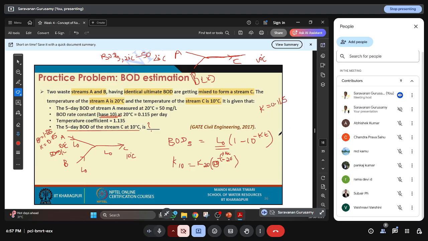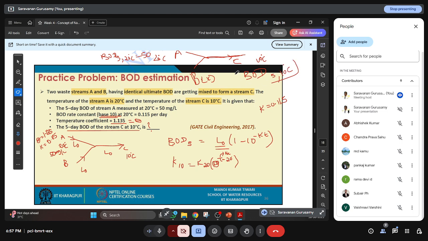So you have to use the formula 10 power minus kt, not e power minus kt here. Please understand this. K is calculated with the 10 power, so we have to use the 10 power formula in the BOD formula also. And the temperature coefficient theta is given. Then what they are asking is the 5-day BOD of river C. So BOD 5, comma, what is the temperature of river C?